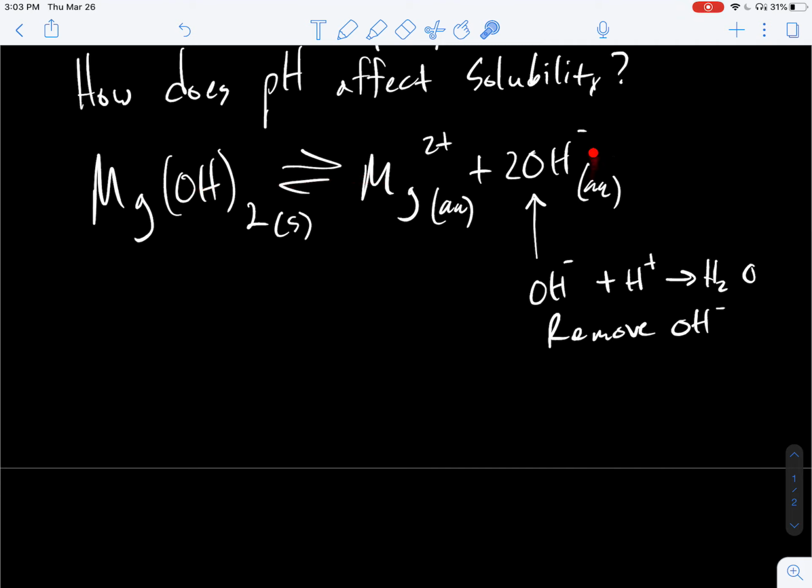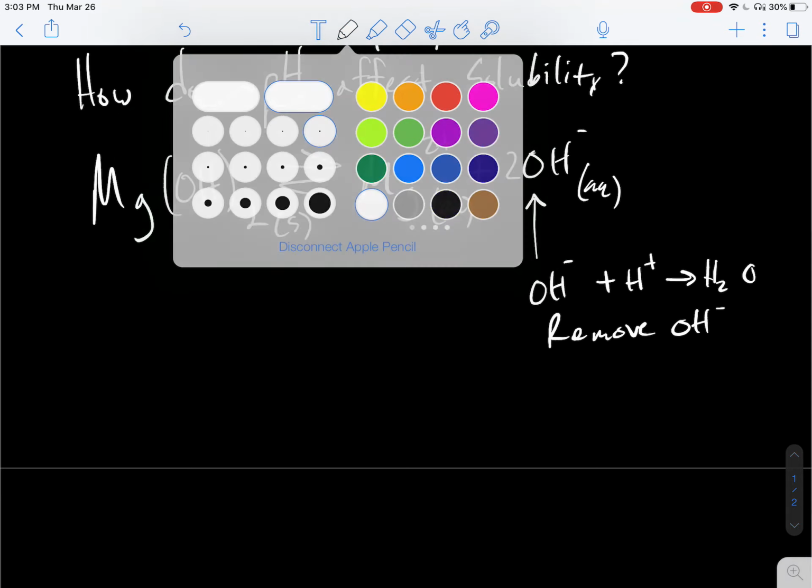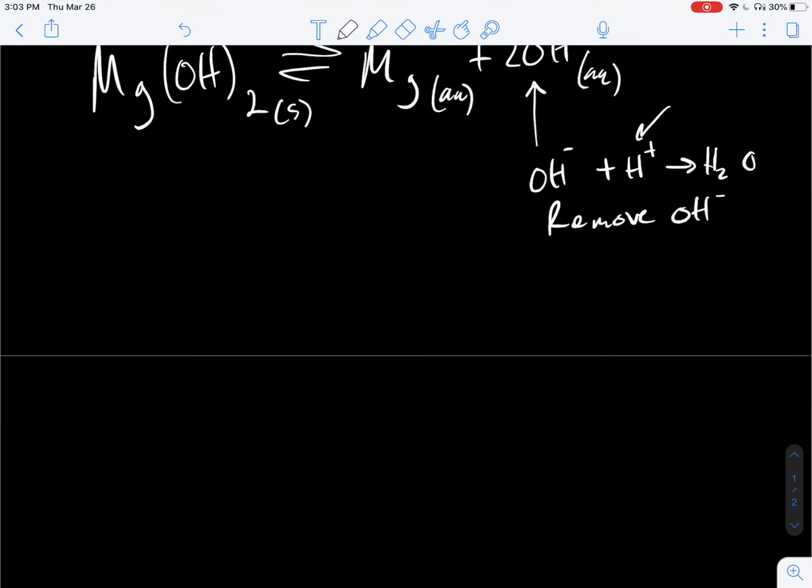Le Chatelier's principle says if I add OH minus, or if I add magnesium, I'm going to push the equilibrium to the left towards the solid. But if I remove OH minus, I'm going to push it towards the right. So if I remove OH minus by adding H plus, I'm going to dissolve more Mg(OH)2, essentially. It's going to be more soluble.